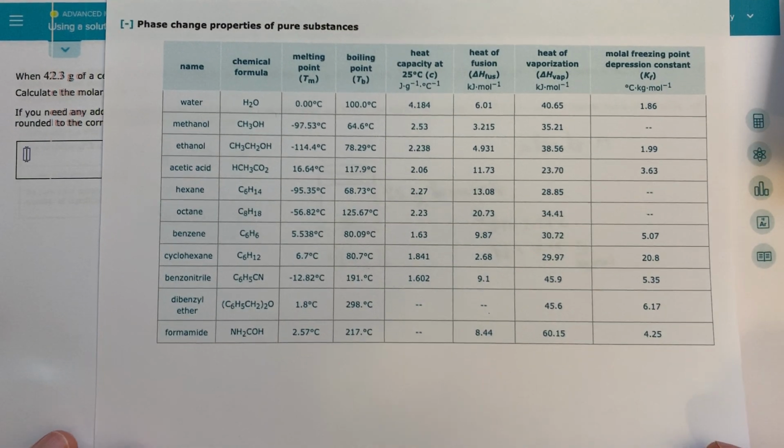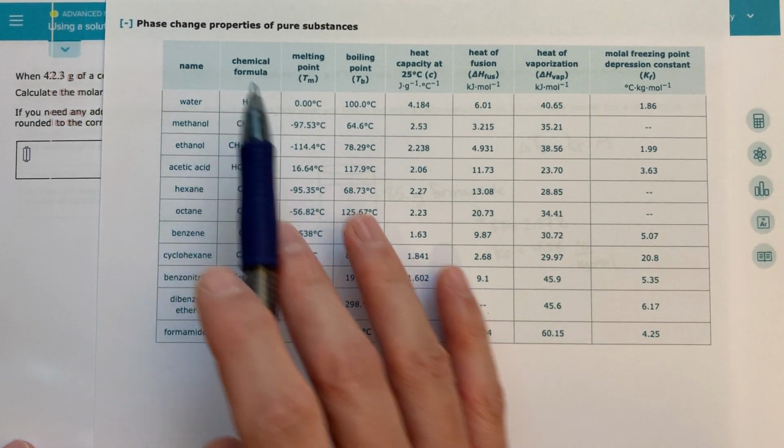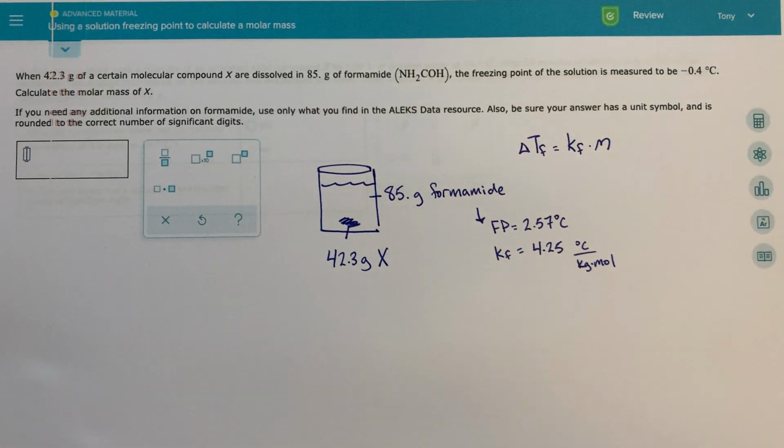If you click on this data button here, you can find the phase change properties for these pure substances. What we're looking for is way down at the bottom, formamide, and we've got our normal melting point or normal freezing point, and we've also got this Kf value. That's what we're basically going to be using as we solve this problem.